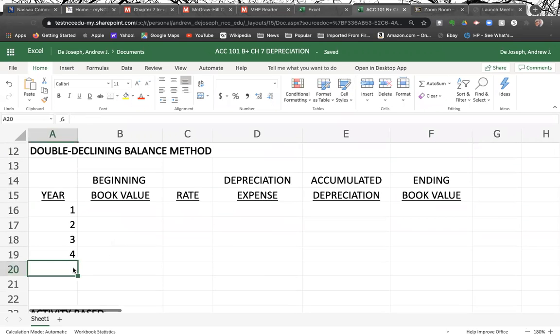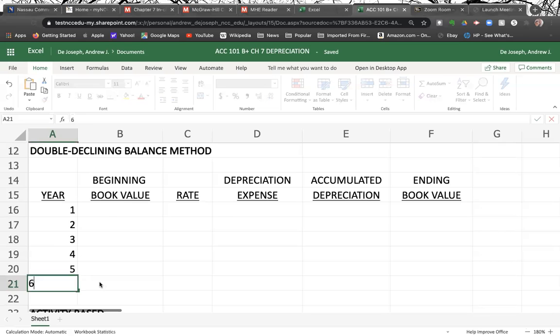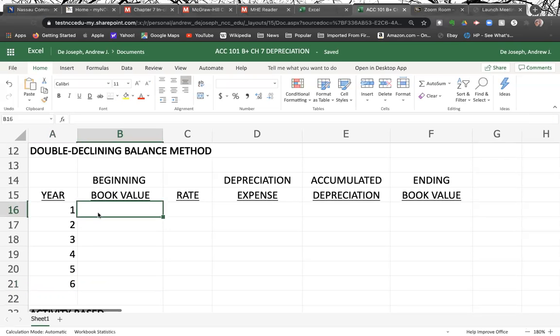Now, remember, this method is based on book value and a rate that is double straight line. So what's the beginning book value? The beginning book value is the original cost. And what's the rate?